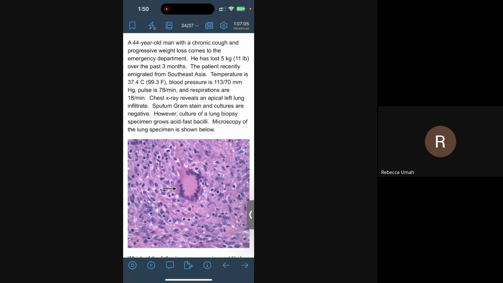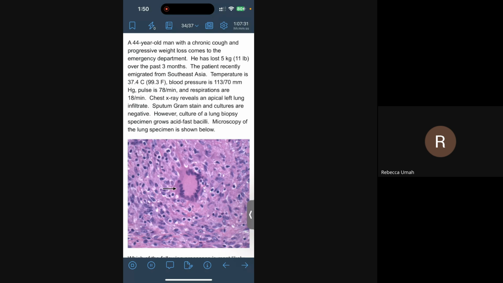On gram stain and culture nothing is shown. Culture shows acid fast bacilli. Which one is acid fast bacilli? Tuberculosis, TB. The patient has TB. The patient is from Southeast Asia, and the apical left lung involvement means it is a reactivated TB, with weight loss and chronic cough.